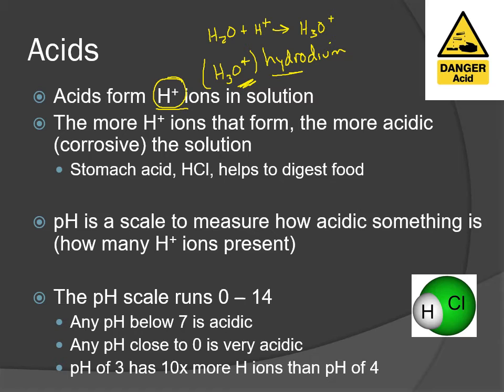If you run into it, websites, textbooks, things like that, it's just the same thing as a hydrogen ion for us. So acids form these hydrogen ions in solution, which is what makes them acidic. The more hydrogen ions in an acid, the more dangerous, the more reactive the acid is. And so that's what that says. Stomach acid, which is really hydrochloric acid in your stomach and in mine, which helps to digest food, is a really strong acid actually.